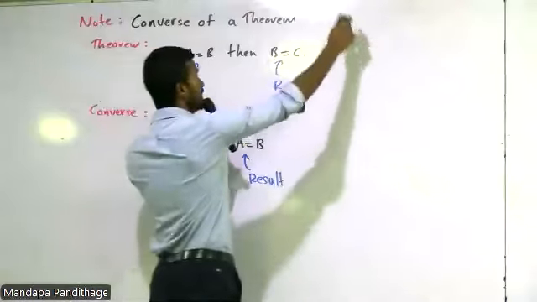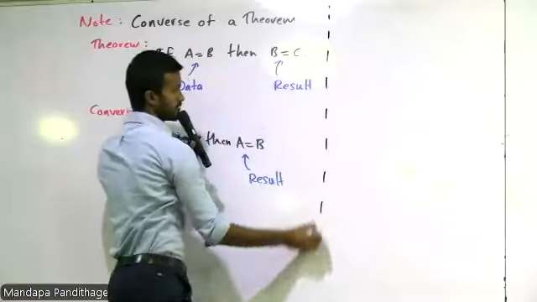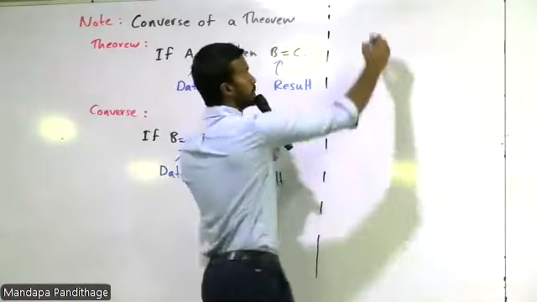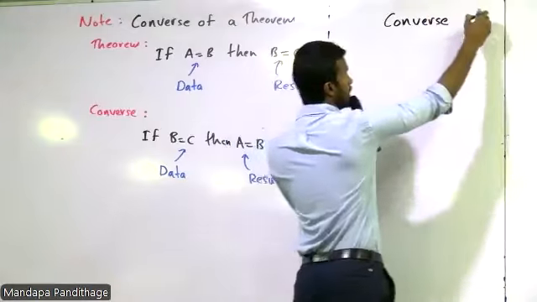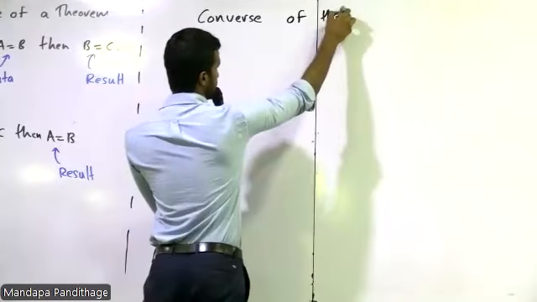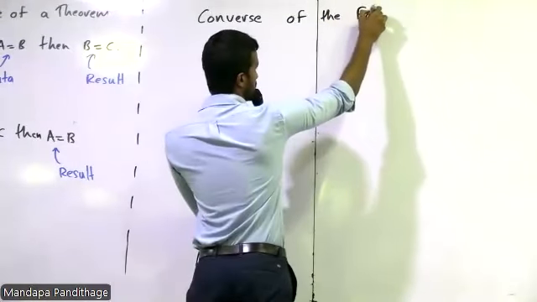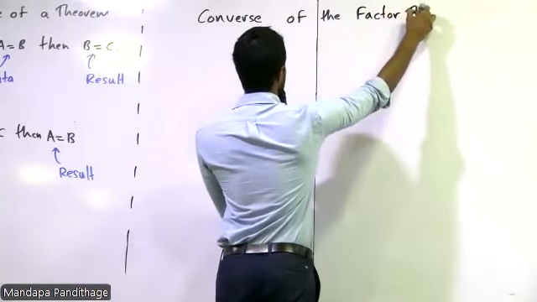Then write this: converse of the factor theorem. Converse of the factor theorem.